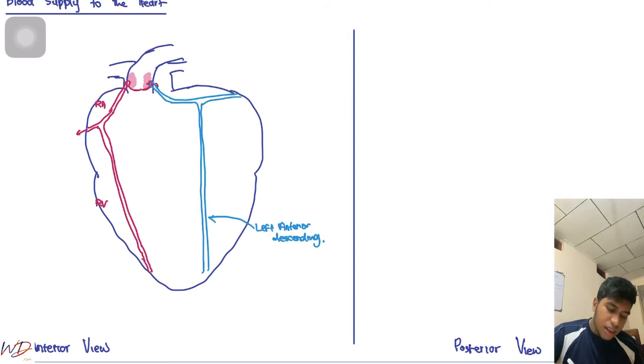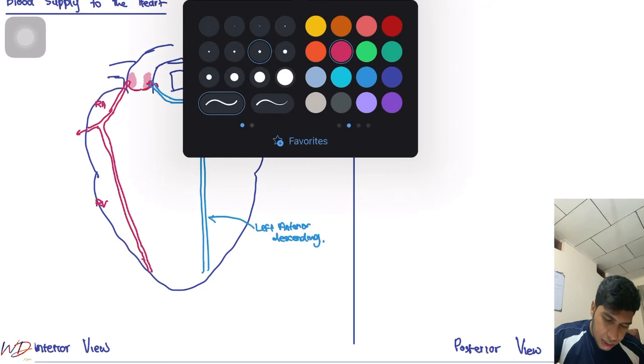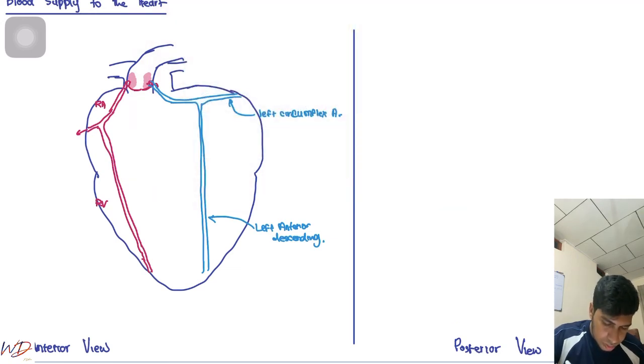This, which circumflexes to the posterior side, is called the left circumflex artery. Now, the left anterior descending will supply the left atrium and the left ventricle in the anterior aspect.